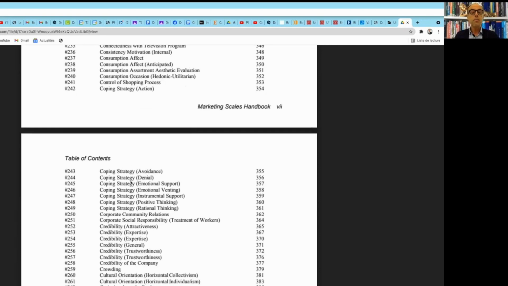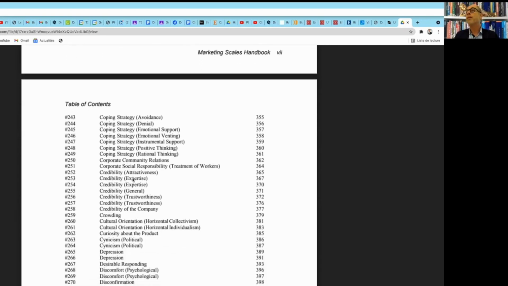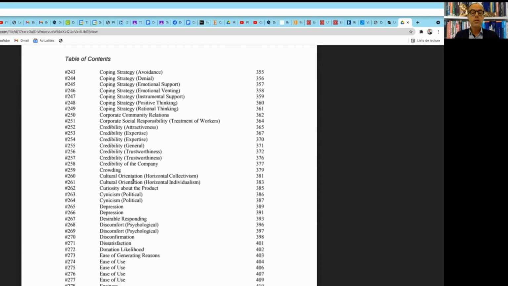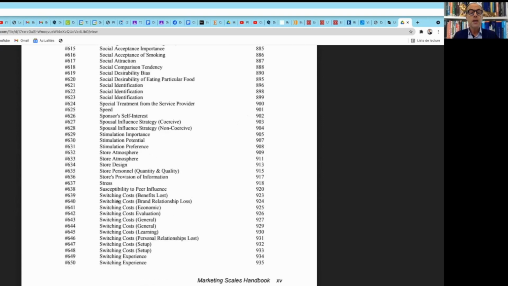You can see here coping strategies, and these are actually strategies, reactions to rather more dissatisfaction, credibility, ease of use. We have also perceived justice. And this is something which is very important in relationship marketing. Do we perceive that the firm is treating us fairly? Shopping enjoyment, hedonism, switching costs. There might be switching costs to switch from one technology because of technology standards.